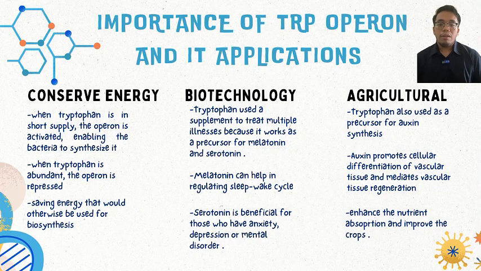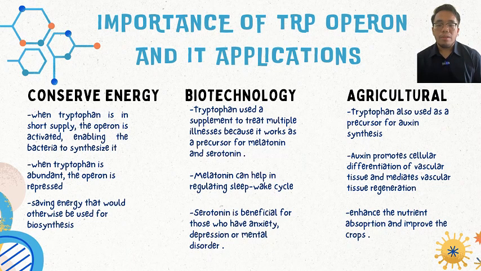As we know, the TRP operon is a system that produces the amino acid called tryptophan. Tryptophan gives many benefits to humans, especially in the pharmaceutical sector. Tryptophan is used as a supplement to treat multiple illnesses because it works as a precursor for melatonin and serotonin. Melatonin can help in regulating the sleep-wake cycle, while serotonin is beneficial for those who have anxiety, depression, or mental disorder.